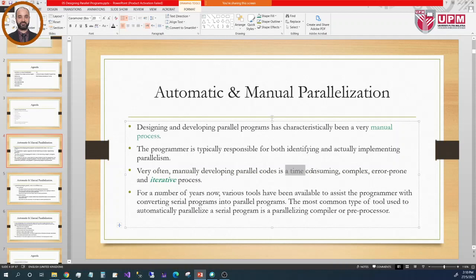Anyway, it consumes time because you have to think in parallel. When we build sequential programs, we only think sequentially, so tasks are one after another and easy like that.